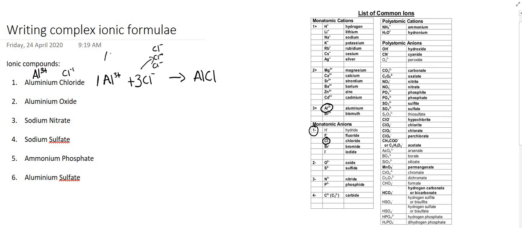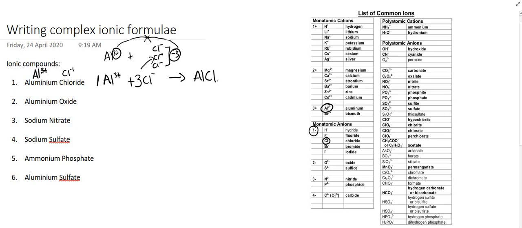And the 1 here, we have 1 aluminium. Now if we've got 3 chlorides, we've got -1, -2, we've got a -3 charge overall. And we've got a +3 charge on this side, and so those cancel out. And that's what we want. So we actually have to have 3 chlorides in this compound for every 1 aluminium.